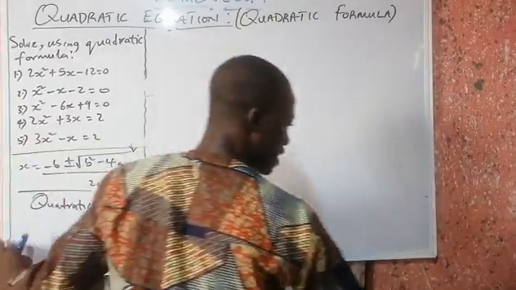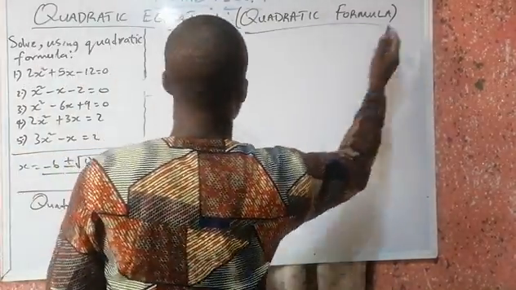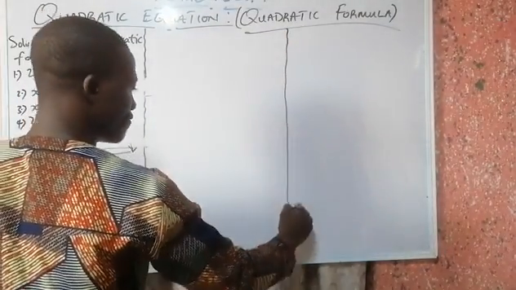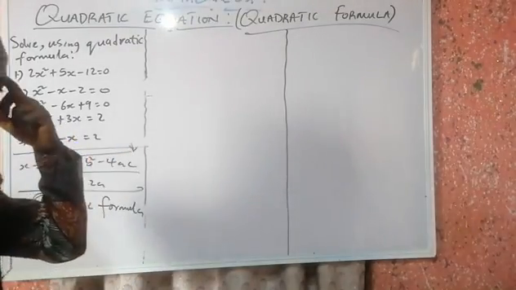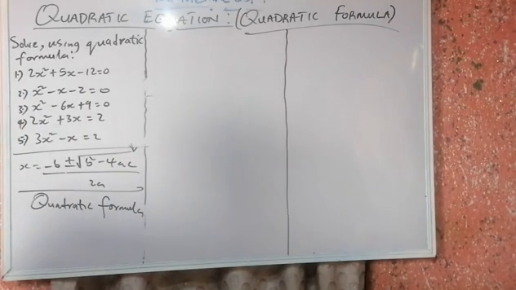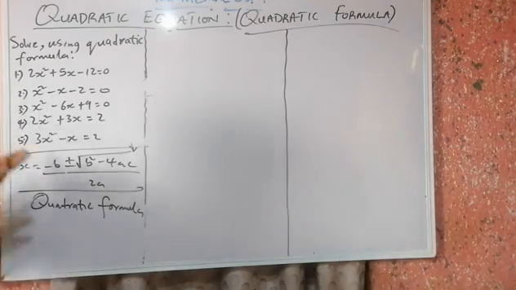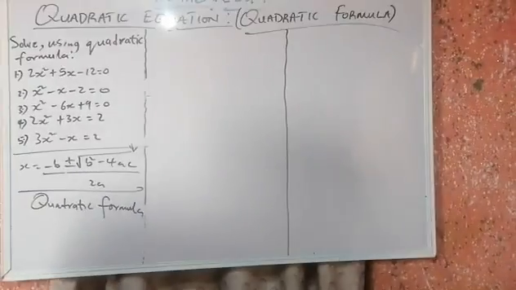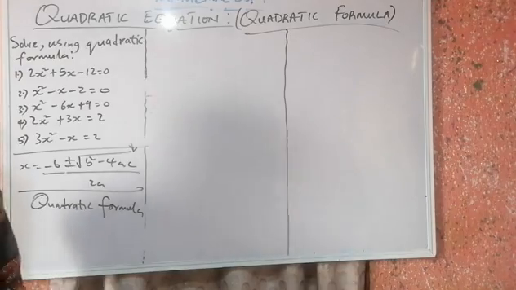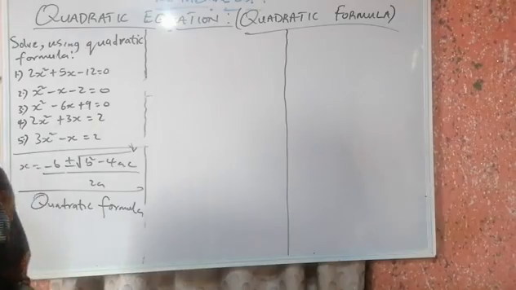So I'm going to have the formula still retained here so that we can always use it for now, till the time you will be able to have it stored here, so that anytime you need it, you can just write it. So we have these questions on the board, and of course, you must be familiar with these questions having watched the previous video, because we have been using these questions a whole lot as examples under factorization method, under completing the square method.